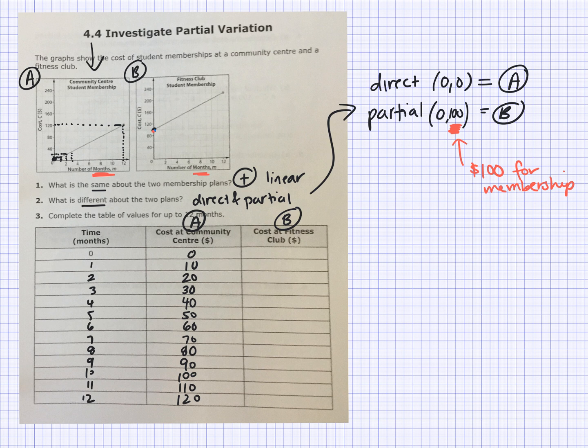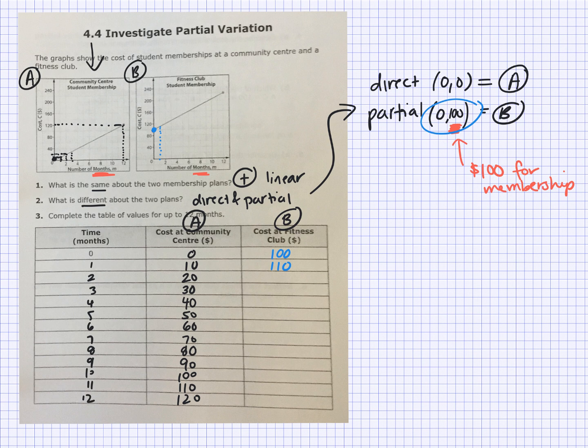Okay? So you're going to do graph B now. Remember, graph B does not start at 0, 0. Where does it start? 100. It's $100 for the student membership. And then every month, what does it go up by? How much is it if you go for 1 month? It goes up by 10.